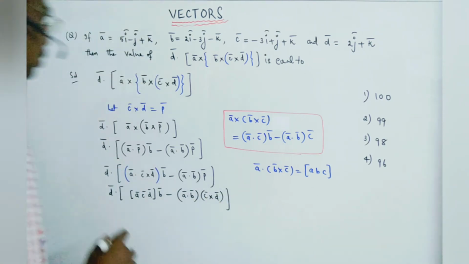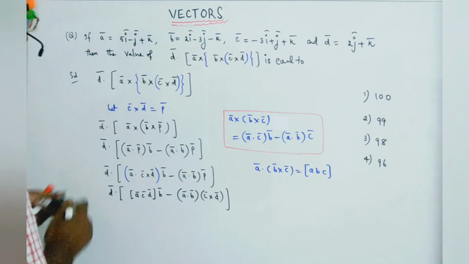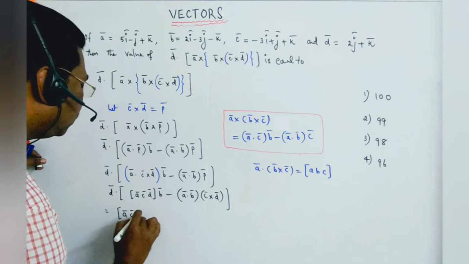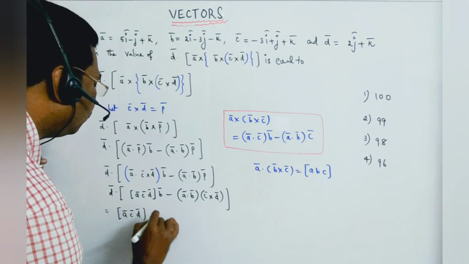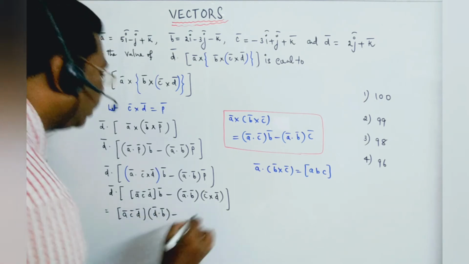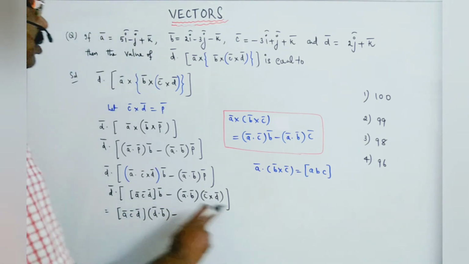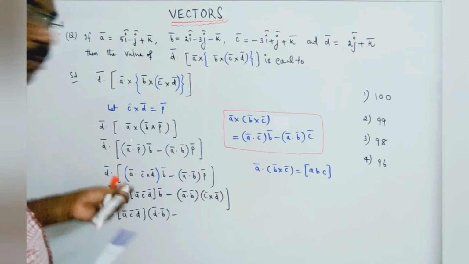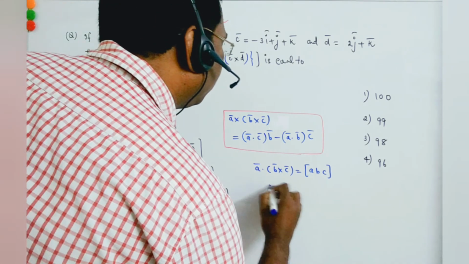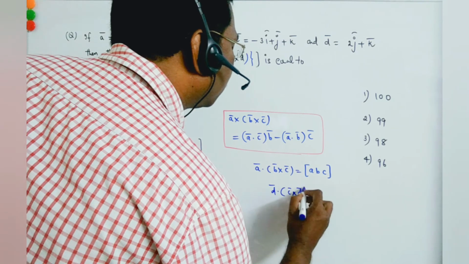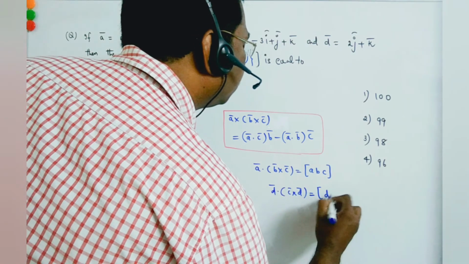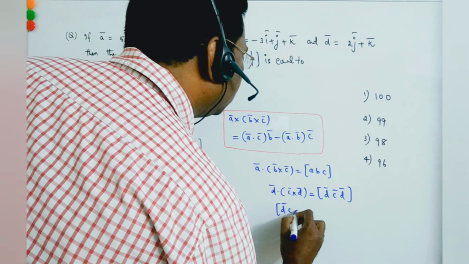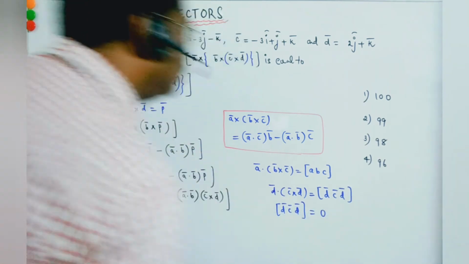Now dot product with d bar: box a bar c bar d bar into d bar dot b bar minus a bar dot b bar into d bar dot c bar cross d bar. Now d bar dot c bar cross d bar equals box d bar c bar d bar, and box d bar c bar d bar value is equal to 0.